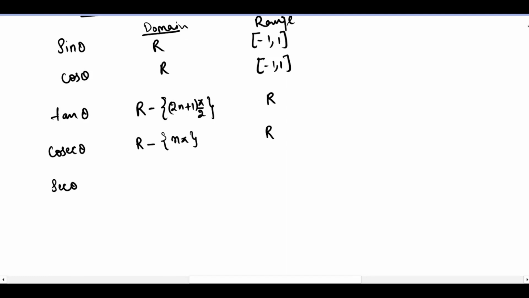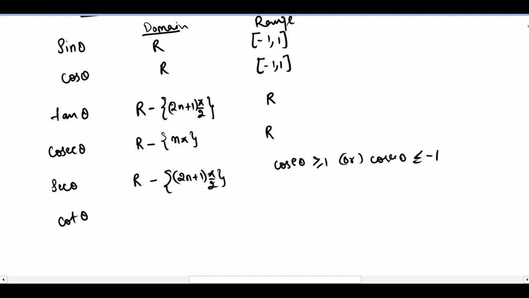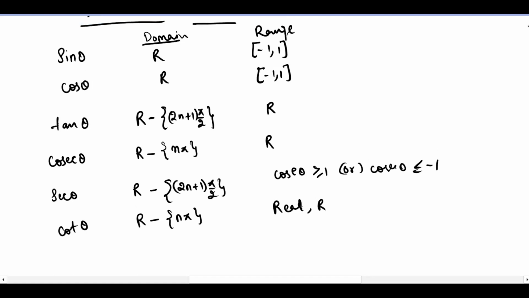Sec theta: the domain is R minus (2n plus 1) pi by 2 and the range is sec theta greater than or equal to 1 or sec theta less than or equal to -1. Last, cot theta: the domain is R minus n pi and the range is real numbers, that is R. So this is the domain and range of all the trigonometric functions.